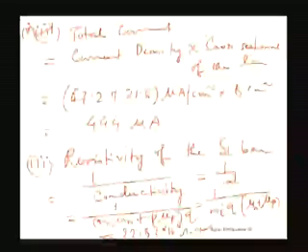Donor impurity is 1 part in 10 to the power 8 atoms of silicon. So in part B of the problem, you are doping silicon with donor atoms. The concentration of donor atoms, N_d, has to be found out, and we have been told that the doping is 1 in 10 to the power 8 atoms of silicon.